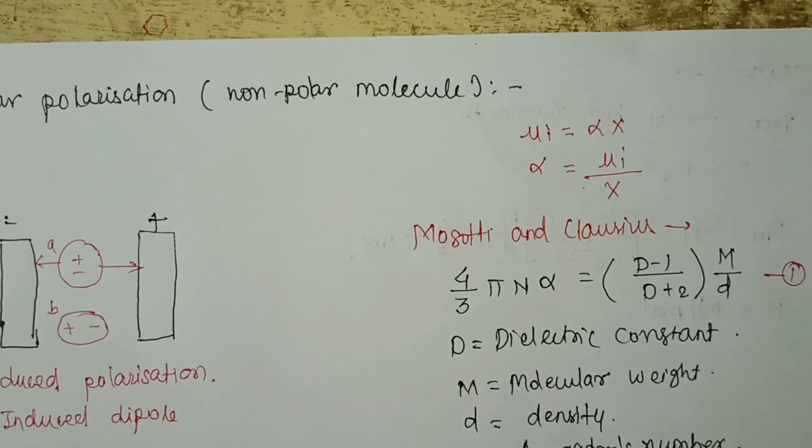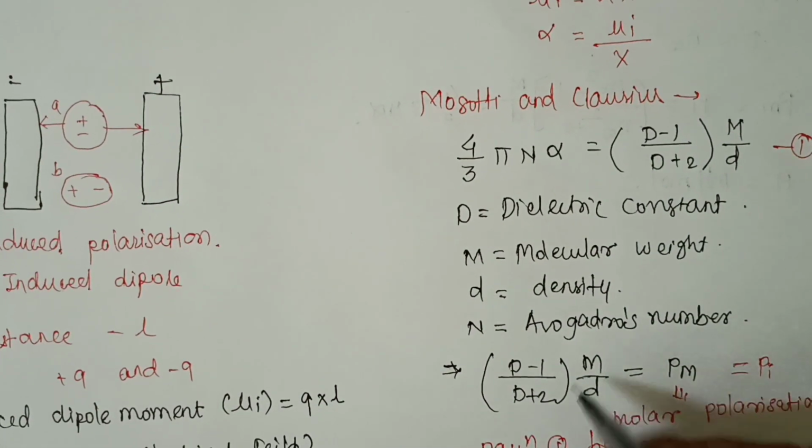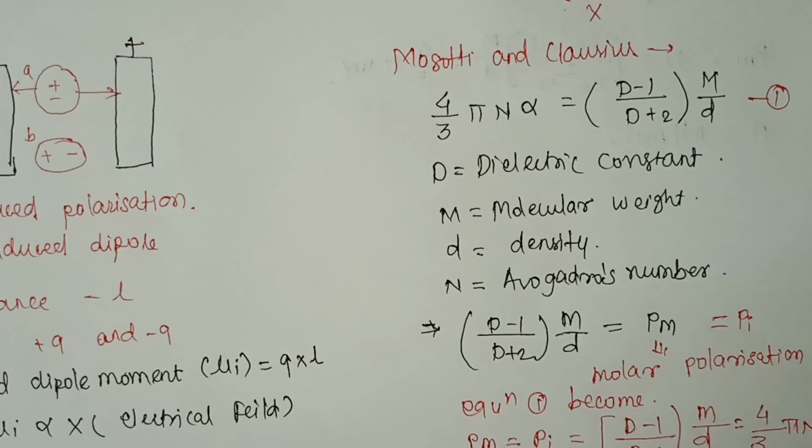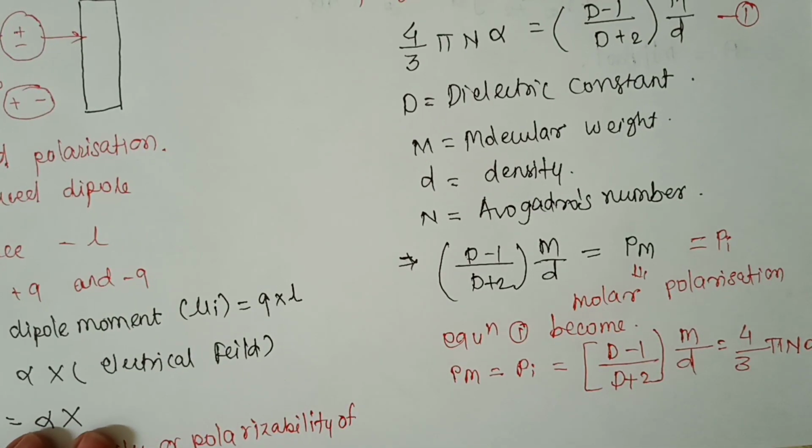Mosotti and Clausius said that the induced dipole moment depends on the dielectric constant of the medium, and it is given by this equation. The quantity (D minus 1)/(D plus 2) times M upon d is known as Pm, the molar polarization, or Pi, the induced molar polarization. The equation becomes Pm equals Pi.